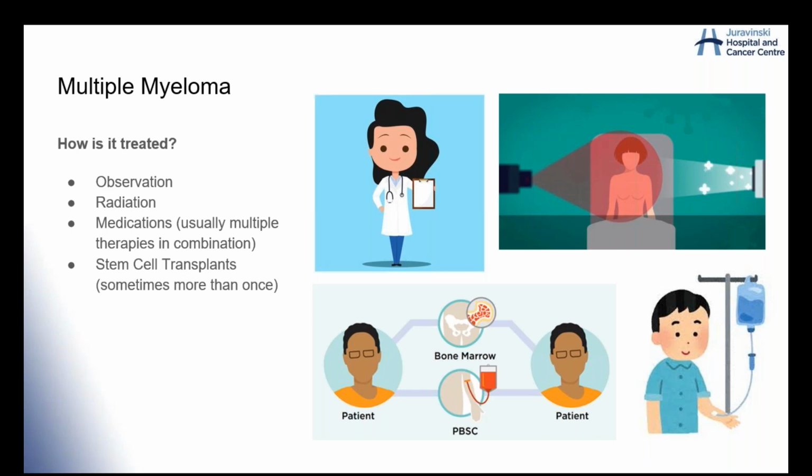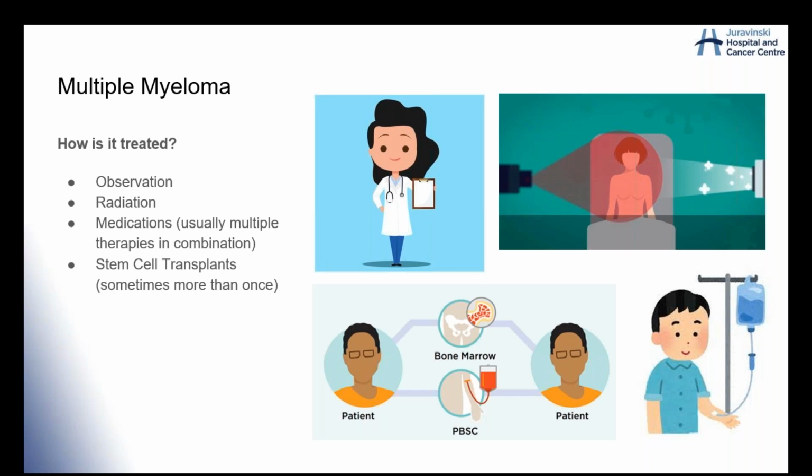Or if we've already been through a treatment course and we've done our maintenance and now we're comfortable just with observation. Sometimes we use radiation when multiple myeloma cells are congregated in one place. Maybe you've heard the term plasmacytoma. So these are not diffuse all around. These are only in one place, and radiation might be appropriate for that.